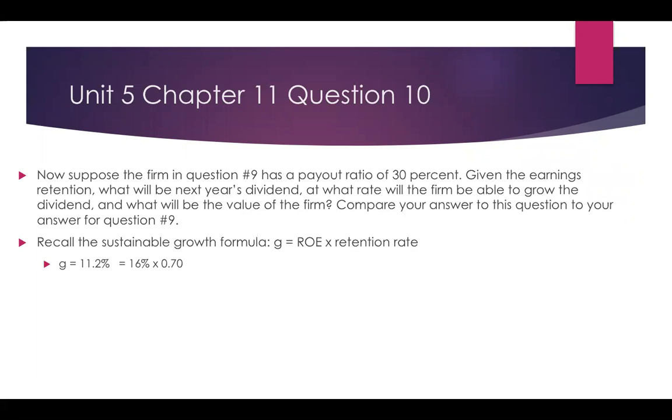We know that 16% was from the previous question. And then we know that our retention rate is always going to be 1 minus the payout rate, which is what gives us 70%, which is your figure here, which gives us a G of 11.2.